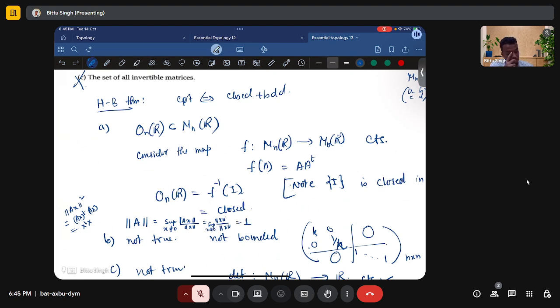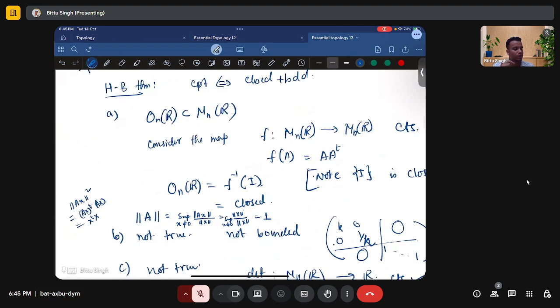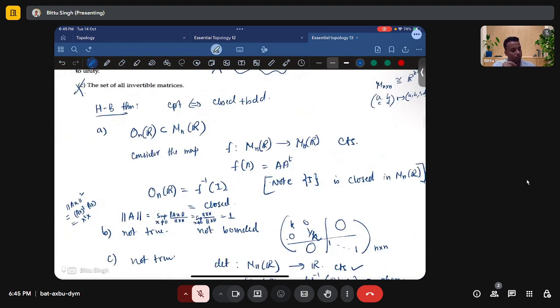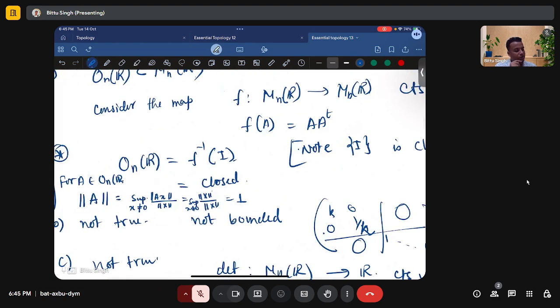So from here it is clear the norm of A is 1. Therefore, for A belonging to the orthogonal matrices, because of this property, we can find the norm of A is 1.